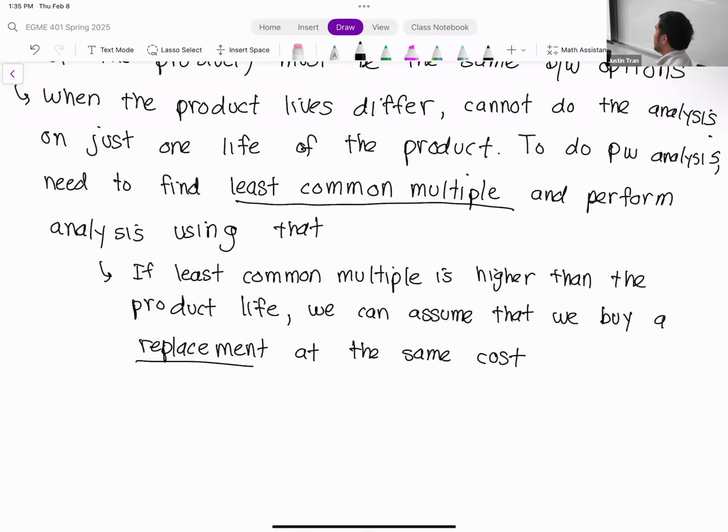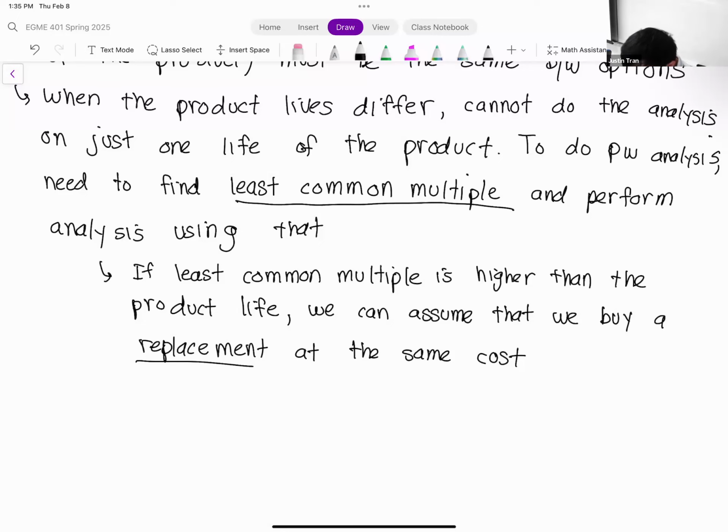Sometimes you have to repeat this several times until you reach that least common multiple. It sounds complicated, but once you actually see an example, it's pretty easy. Any questions on this before we jump into that example?